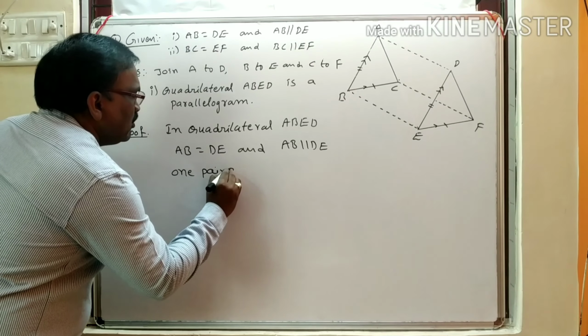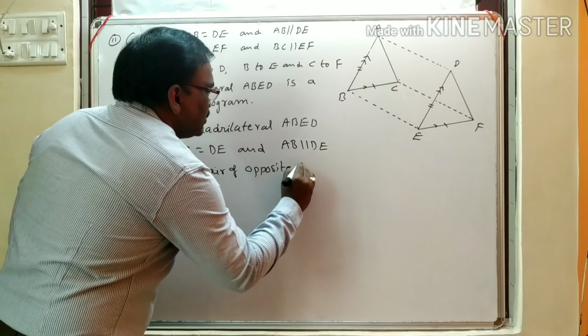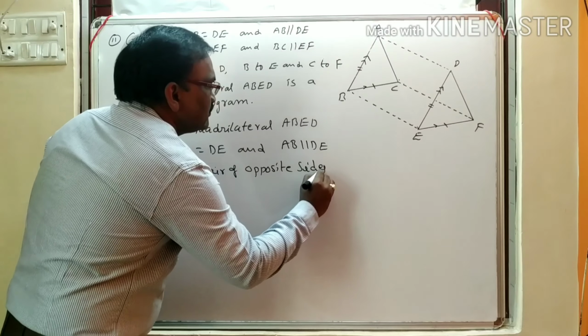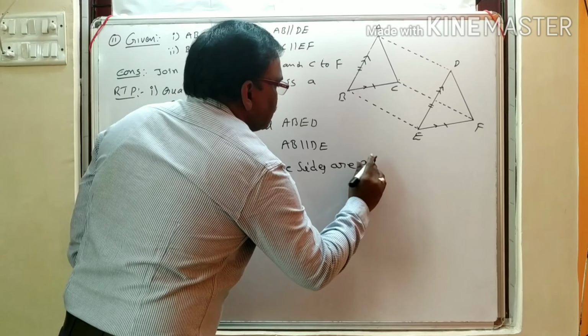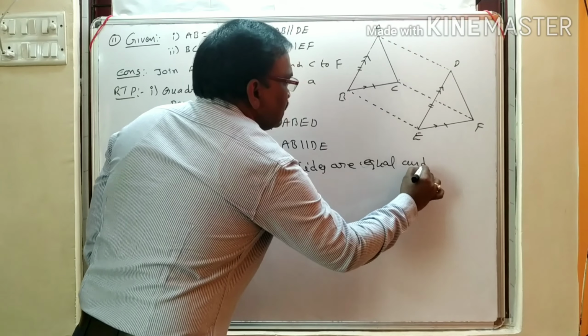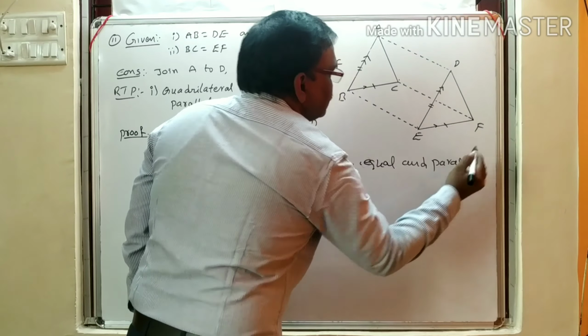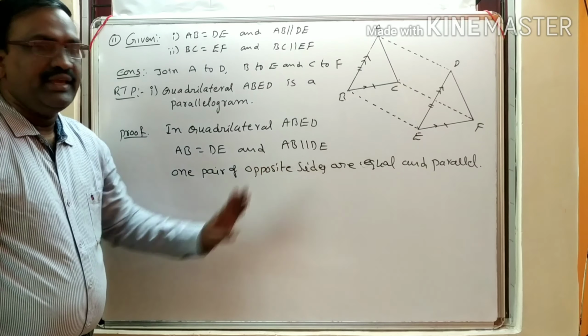One pair of opposite sides are equal and parallel. Therefore, ABED is a parallelogram.